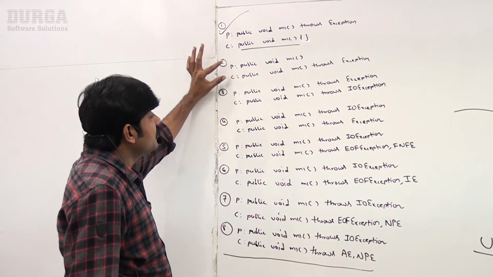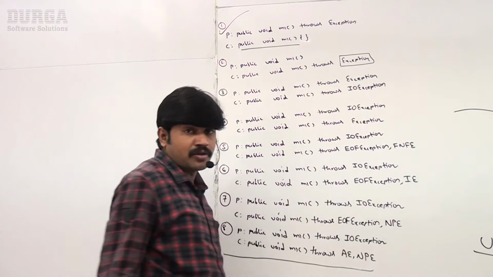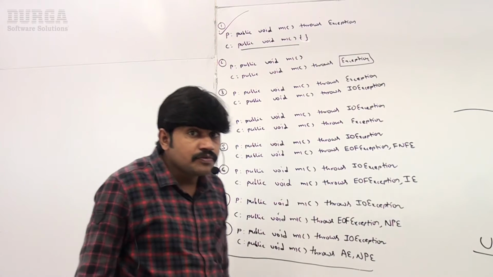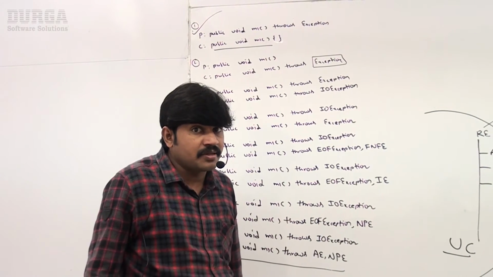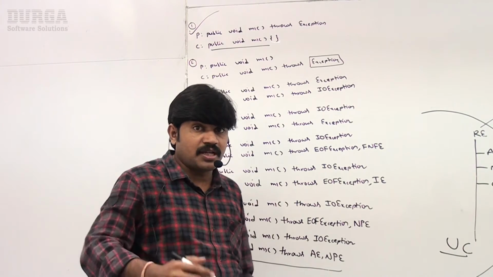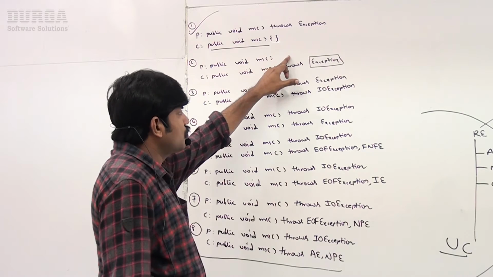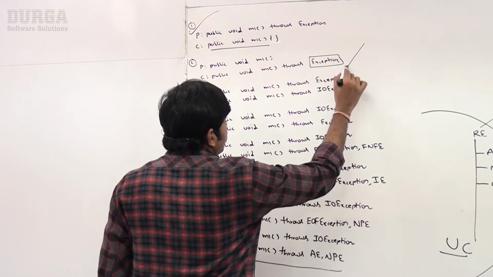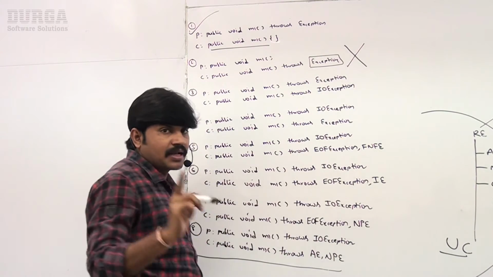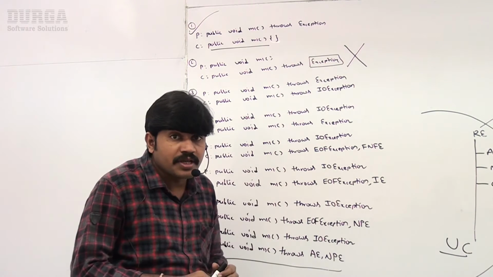Second case, the child method throws an exception. Sir, if a child class method throws any checked exception, compulsorily the parent method should throw the same checked exception or its parent. But here the parent method does not throw. That's why this one is invalid. We are going to get a compile time error by default, sir. Please make sure you are aware.